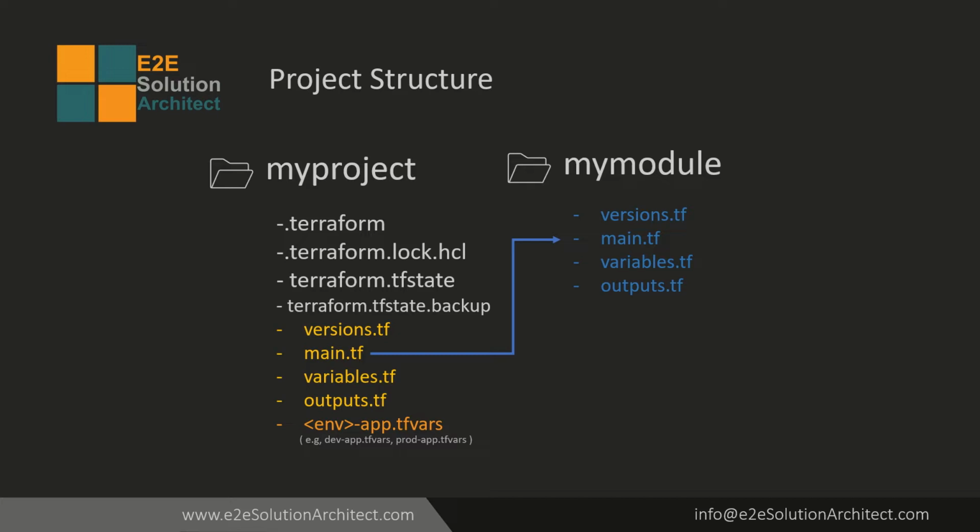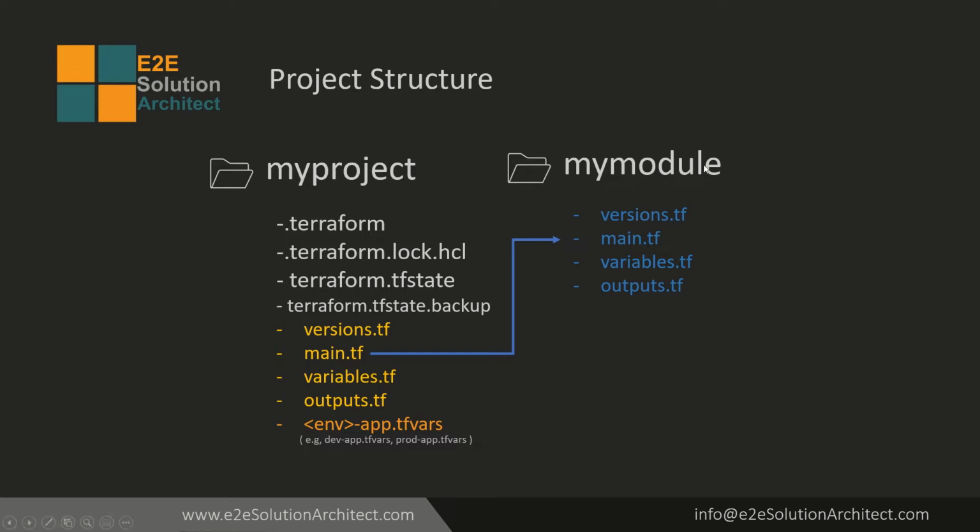If you are working in a team and multiple people are working on the same project, you need a locking mechanism. So terraform.lock.hcl provides the locking mechanism. The next one is terraform.tfstate, which stores the state of the Terraform infrastructure. It helps in checking the desired state and current state.